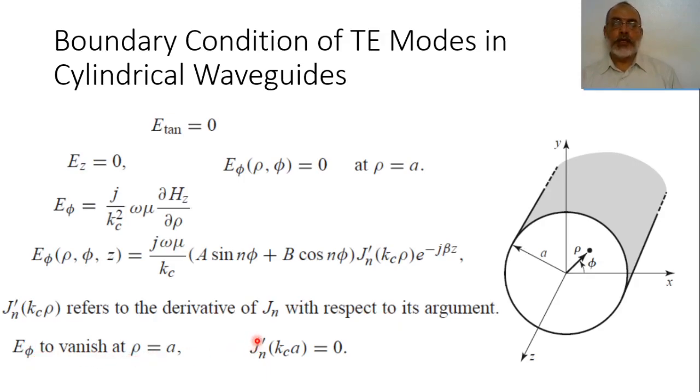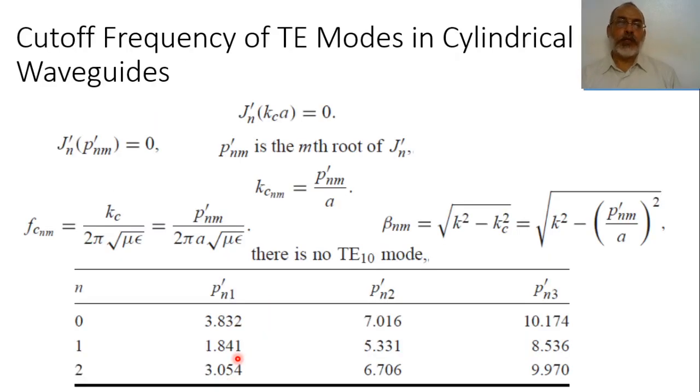This means that Jn dash of Kc a should equal 0. This means that the value of Kc a equals the roots of the first derivative of the Bessel function Jn. And effectively, the roots of the first derivatives are called b dash nm.